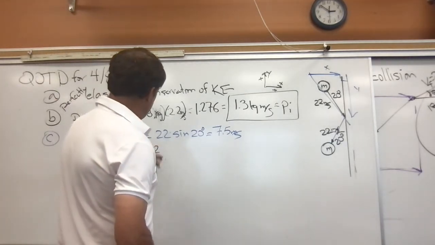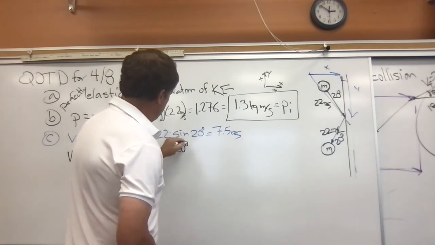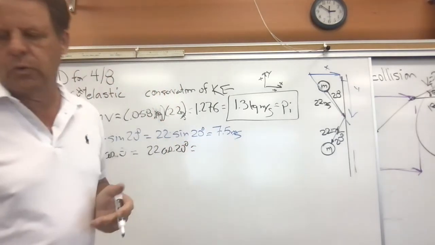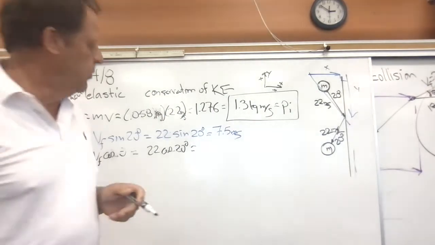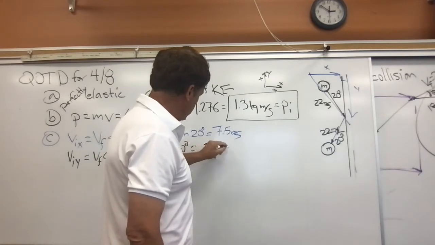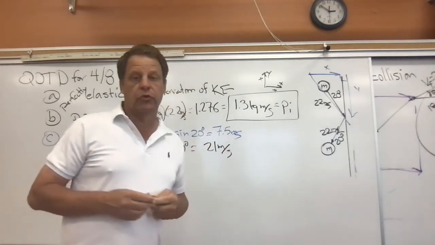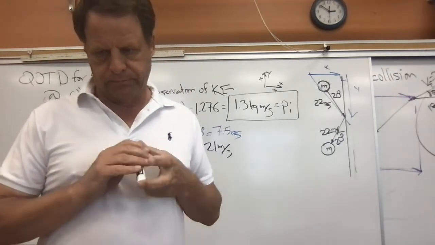So 22 cosine 20 degrees is 20.673, and we're going to round that up to 21 meters per second.